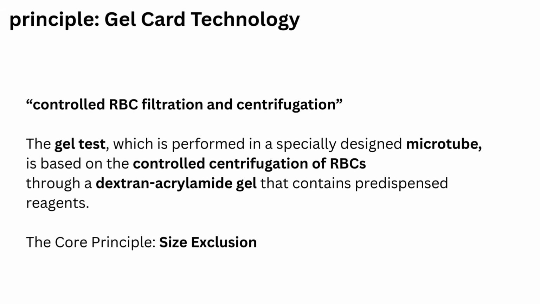The gel test operates by controlling the centrifugation of red blood cells, or RBCs, through a dextran acrylamide gel. This gel isn't just any substance; it contains pre-dispensed reagents that are crucial for the test's effectiveness, such as antibodies or a complement fragment.